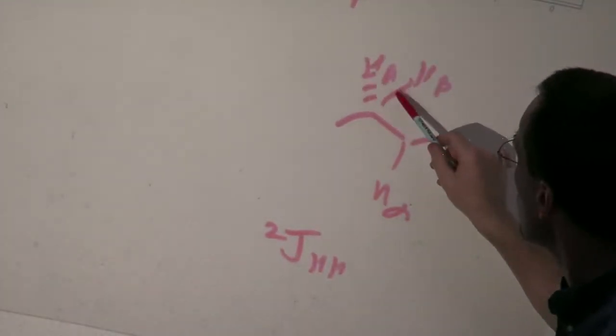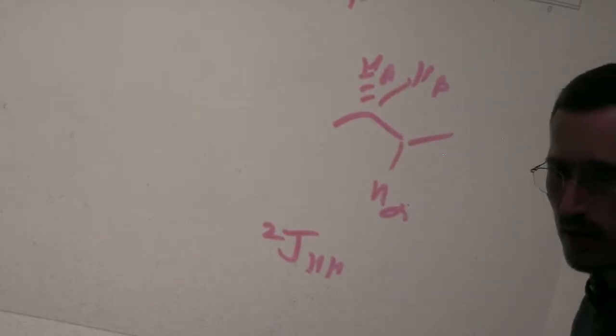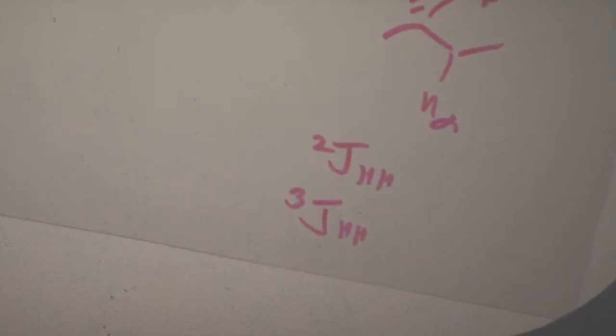So we have both a 2J HH, that's a 2-bond coupling, since you go 1-2 bonds to get from these 2 beta protons to each other. And we have a 3-bond coupling between the alpha proton and each of the beta protons.